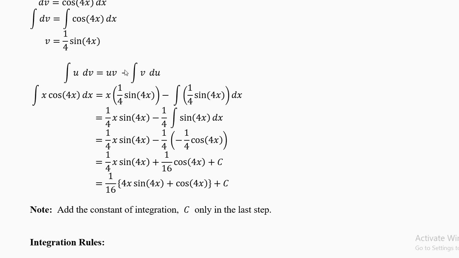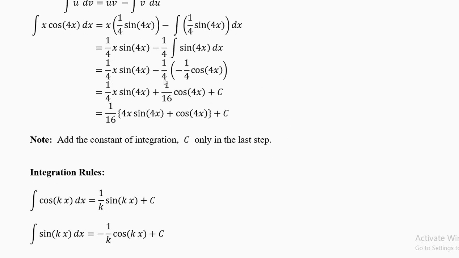Then the second part is minus integral v du. This has to be done with extra care. Minus integration of 1 over 4 sine 4x. This 1 over 4 will come out. We'll get minus 1 over 4 outside the integral. Inside you have sine 4x dx. When you integrate sine, you get minus cosine, and here k equal to 4. You'll get minus 1 by 4 cosine 4x. Now open the bracket, it will become plus 1 by 16 cosine 4x.